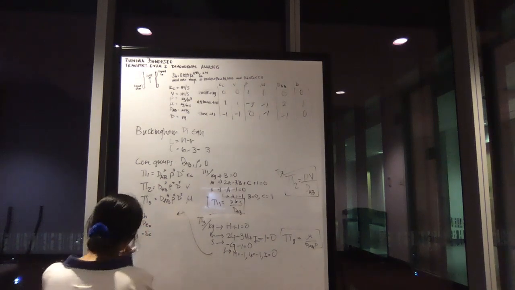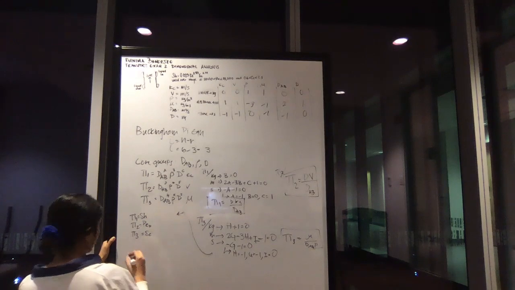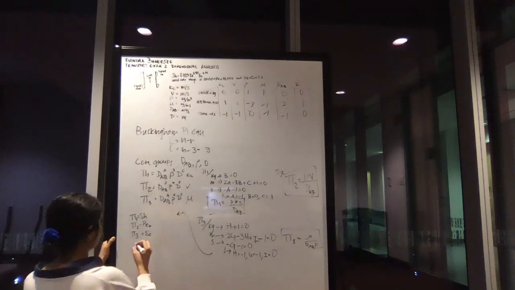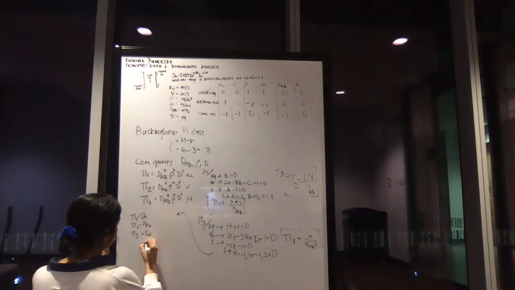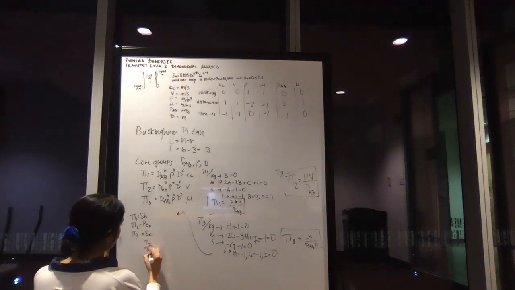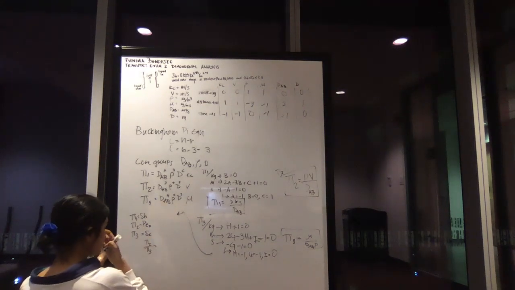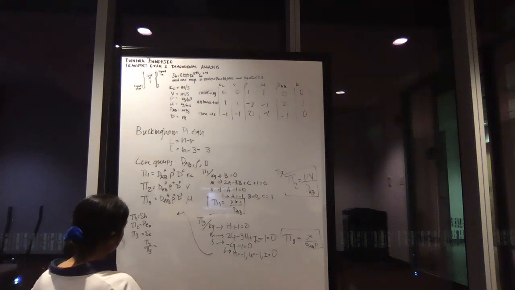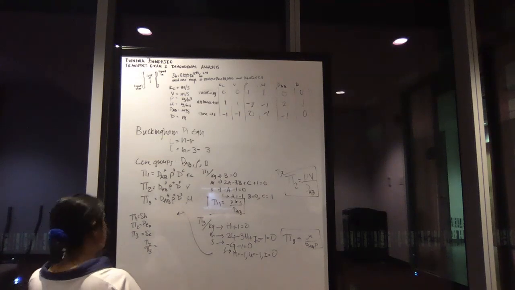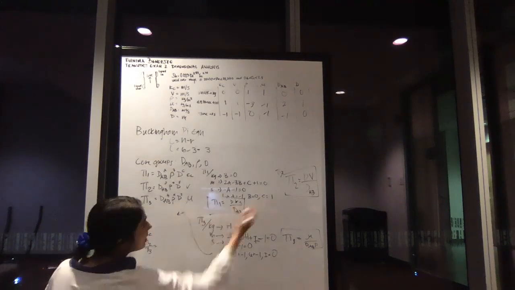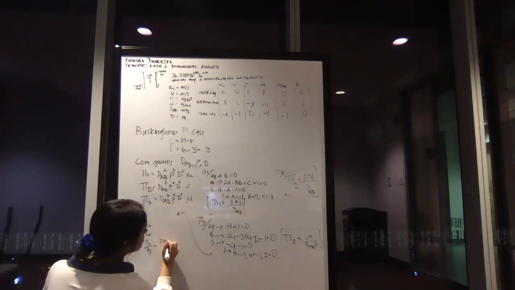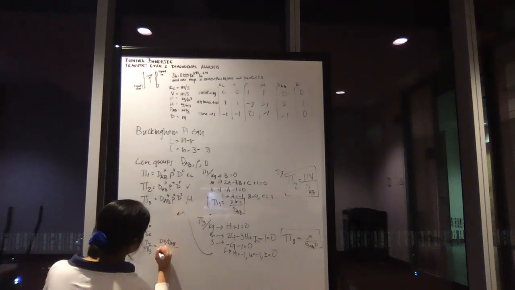So if we try to find if they're the correct dimensionless groups, let's do pi 2 over pi 3, the Peclet number over the Schmidt number. So pi 2 is DV over DAB, and then mu over DAB times rho.